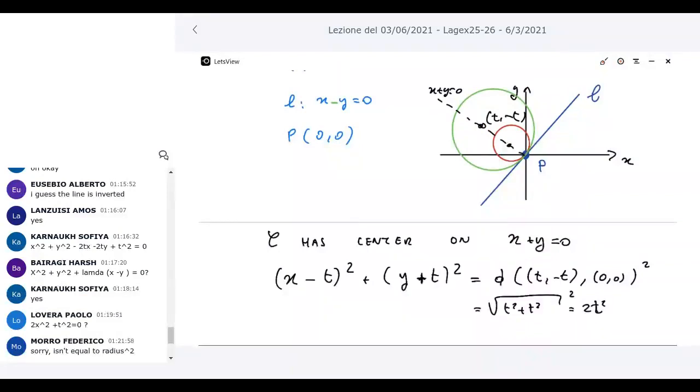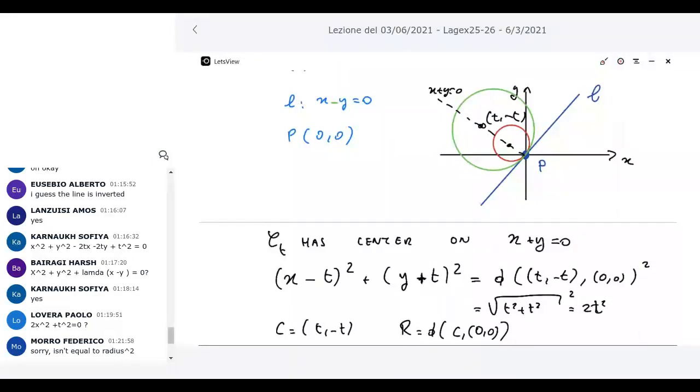This is how you can construct all these circles, and you work out the computation and you will get something very similar to what Sofia Carnau got before. So these circles C_t have center (t, minus t), and they have radius equal to the distance between the center and the origin. So they are all tangent to line L in the origin, okay?